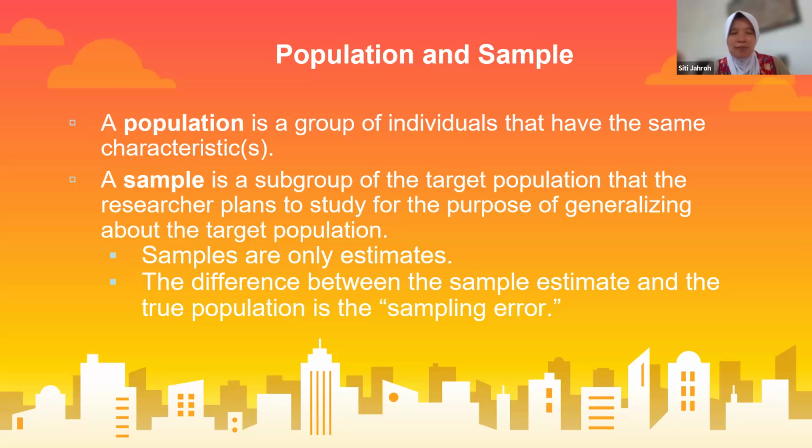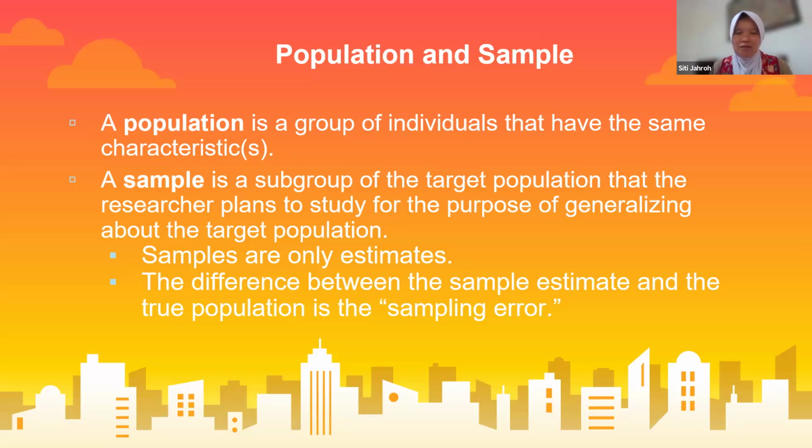But for the sample, maybe they just choose a part of the population, and then they collect the data, process the data, and then they will have the prediction. Actually that's only a small part of the population. They collect the data, process it, and make the estimate from that sample to describe the whole population.